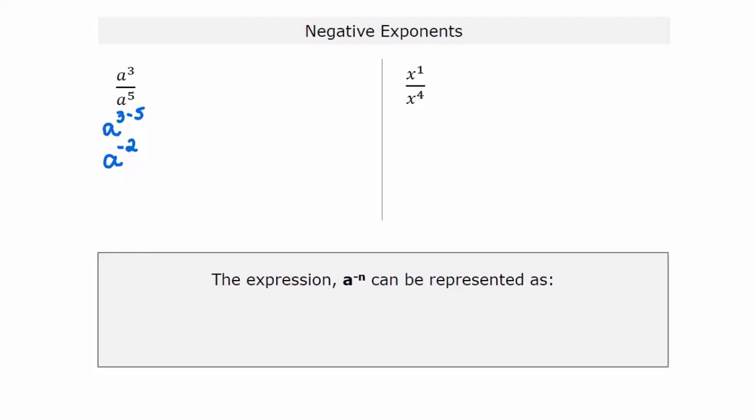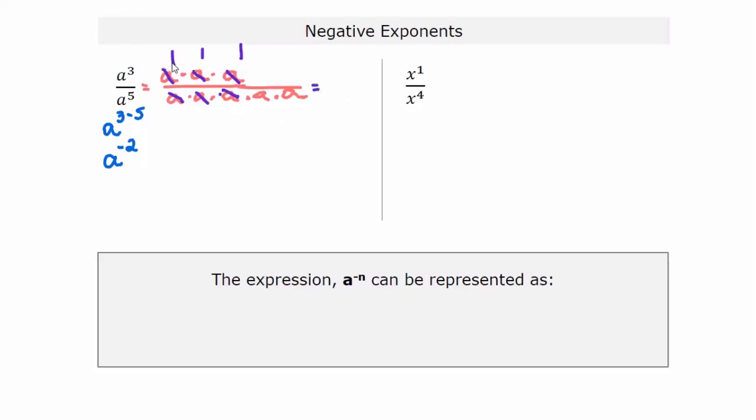Okay, so what I want to see is what happens when I have a negative power here. So I'm going to expand my problem. So a to the 3rd is a times a times a, and a to the 5th is a times a times a times a times a. And now what happens is these 2 simplify to 1, these 2 simplify to 1, and these simplify to 1.